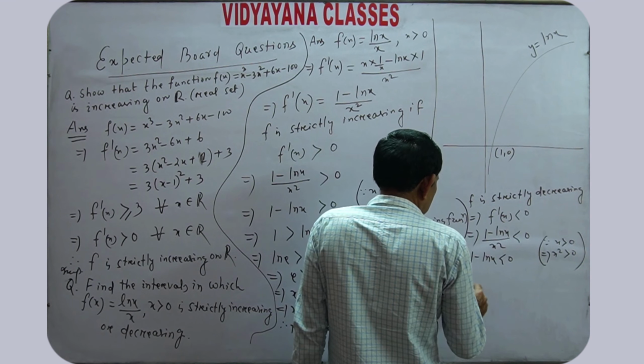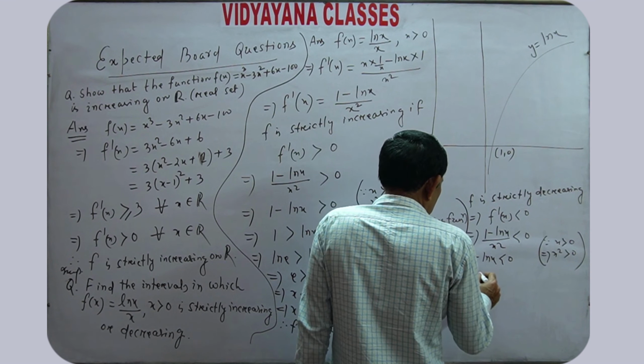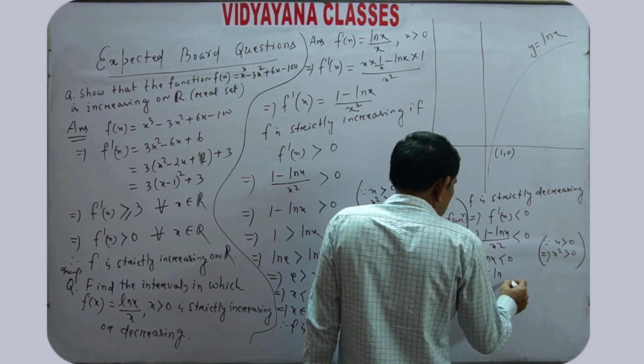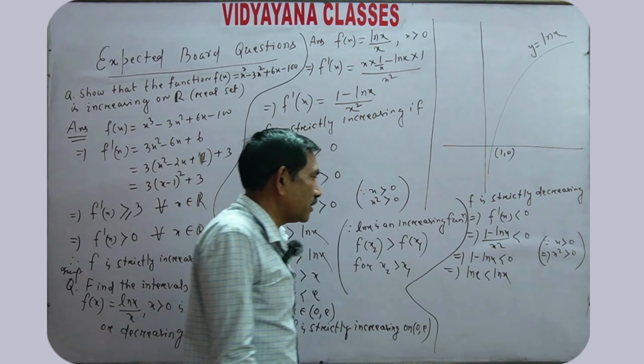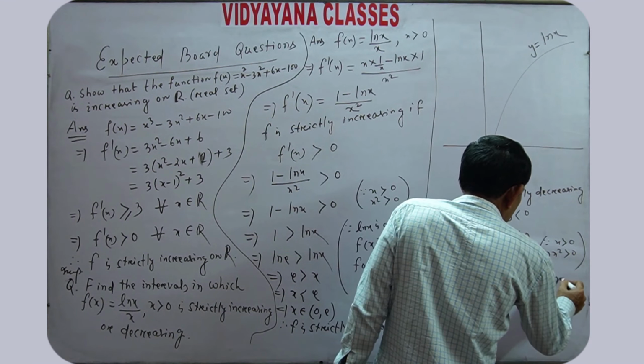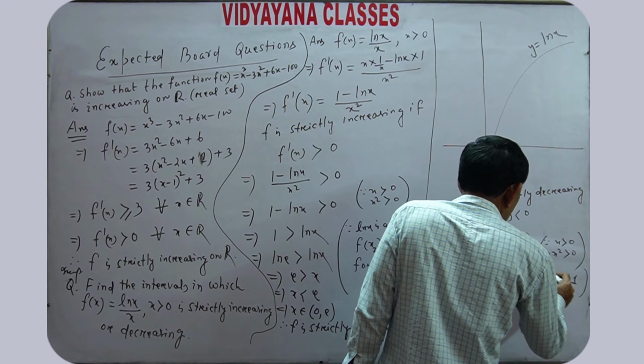Which implies ln e < ln x. ln e is equal to 1.